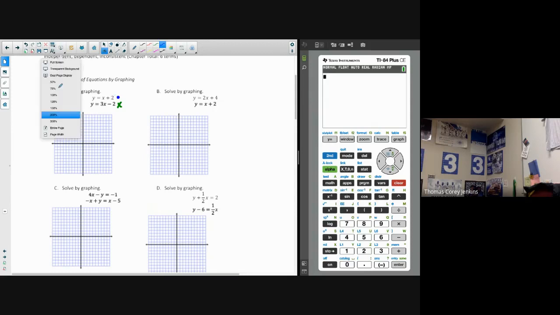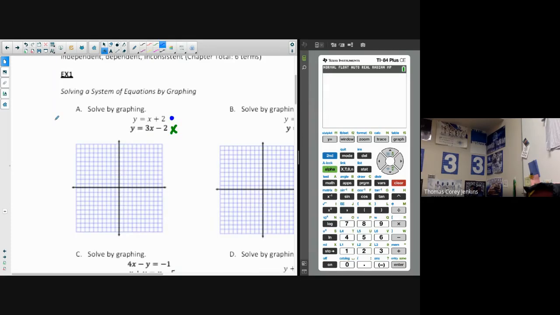Let me make that a little bit bigger so we can see those grid lines closer. Starting at (0, 2), my slope is 1, so I'm thinking up 1, right 1. And then I like to continue it on, and we could go that way as well, so we can really tell what the pattern looks like.